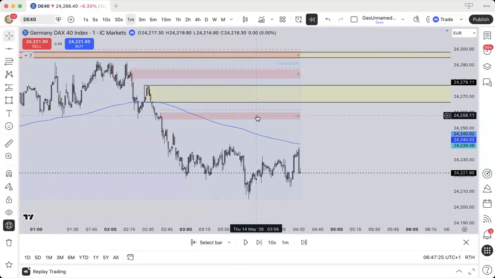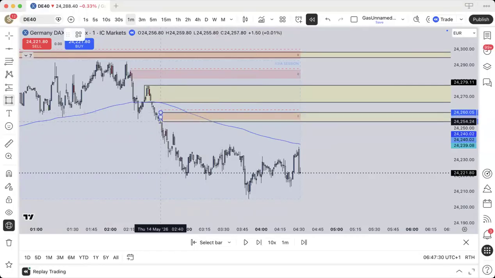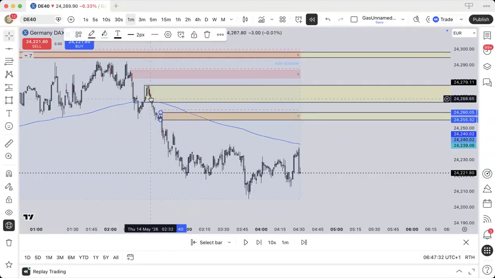So again, we've got some nice 1 minute sells here. This is a nice setup. The only thing I don't like is all these imbalances here.